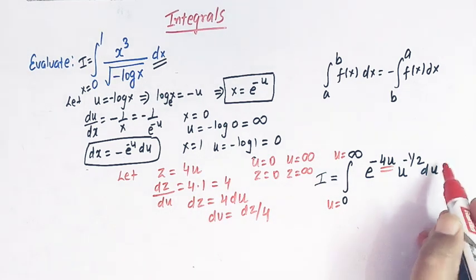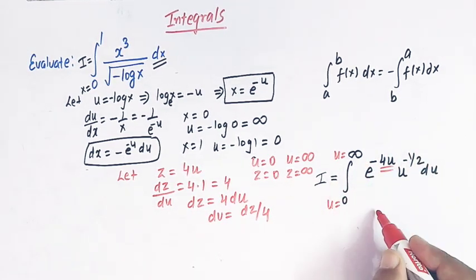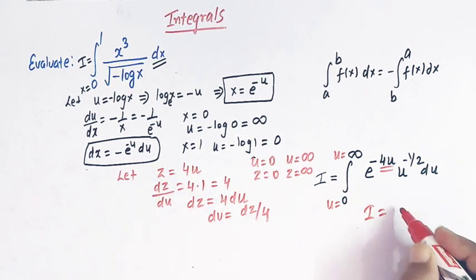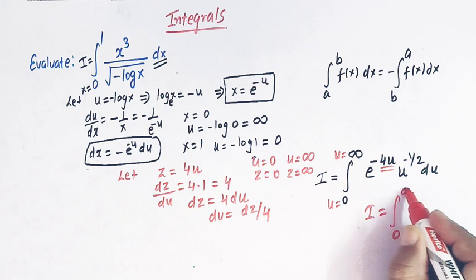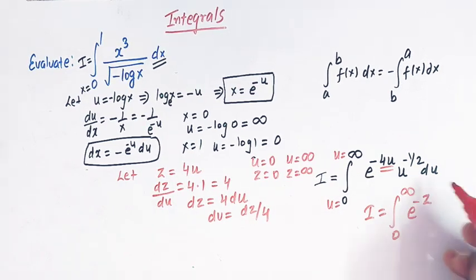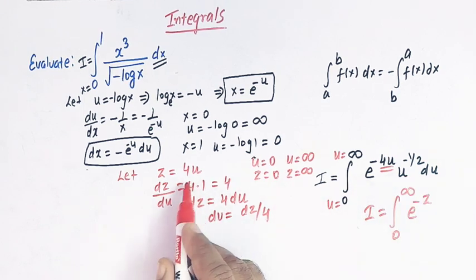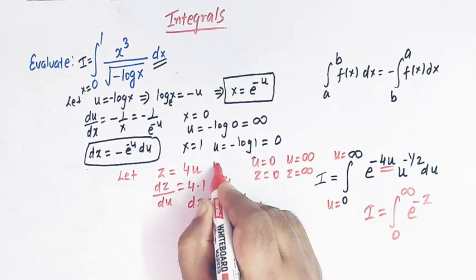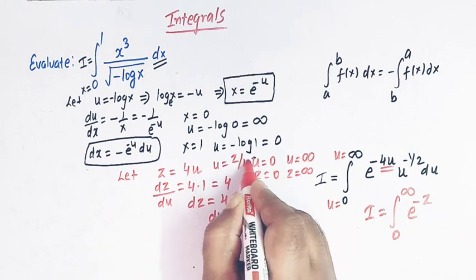So now this integral can be expressed in terms of the new variable z, right? So we have 0 to infinity, and here we have e raised to minus z, and u can be replaced by z over 4, right? Because u is z over 4.